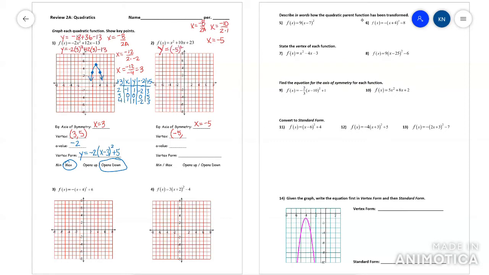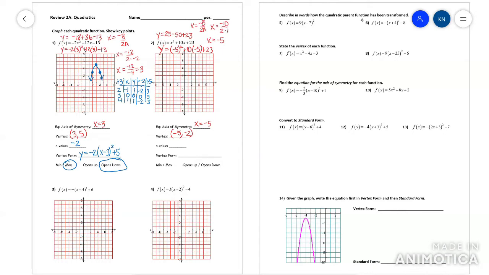So it looks like negative 5 squared plus 10 times negative 5 plus 23. That's going to be 25 minus 50 plus 23. So that answer is going to be negative 2.